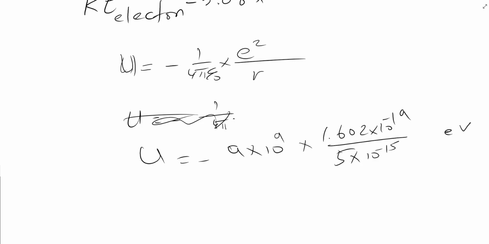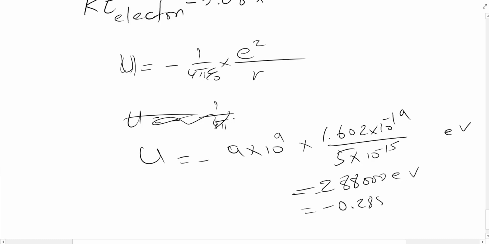Okay, the whole thing is divided, open parentheses, by 5 times 10 to the negative 15. Again, this stuff is from physics 2. So the energy turned out to be about negative 288,000 electron volt, or negative 0.288 mega electron volt.